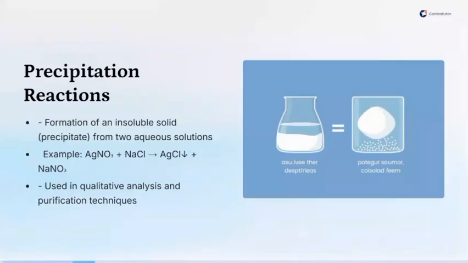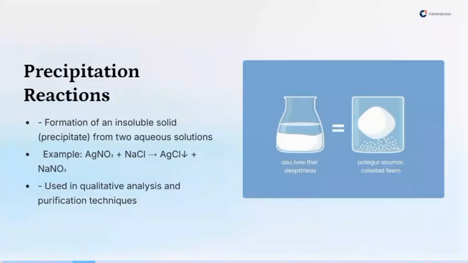Now, when writing the precipitation reaction, they mostly use an arrow to indicate the precipitate. From this diagram, you see we had AgNO3 plus NaCl to give us AgCl, with a down arrow, plus NaNO3, sodium nitrate.